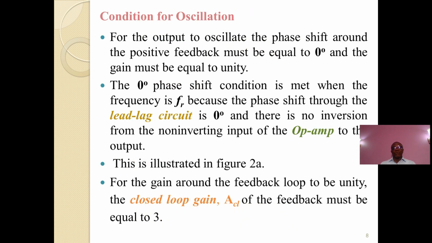Now, what are the conditions for oscillation to take place? Like we have said before, the net phase shift must be equal to 0 degrees and the gain must be equal to unity. These are the conditions for oscillation to take place and be sustained.